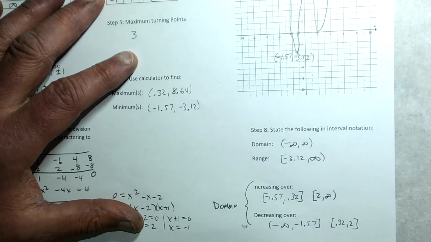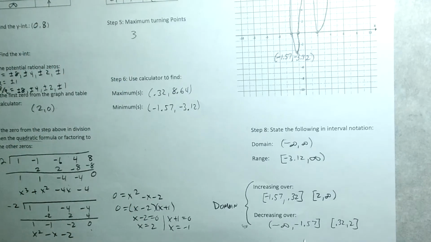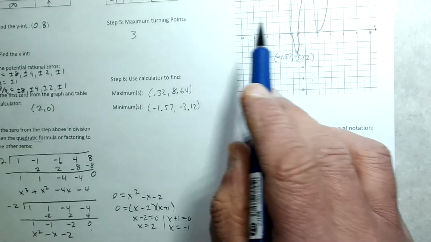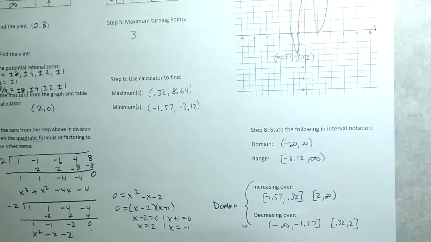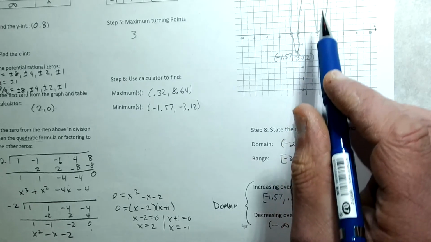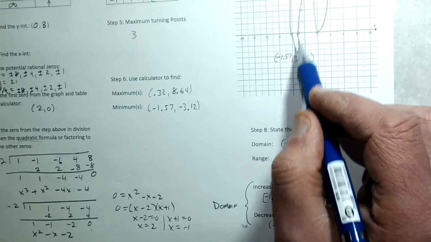Watch what happens. I told you earlier that we really should have the equivalent of negative infinity to infinity right here. And let's see. It decreased from negative infinity all the way to negative 1.57. Then from negative 1.57 to 0.32, it increased, right here.